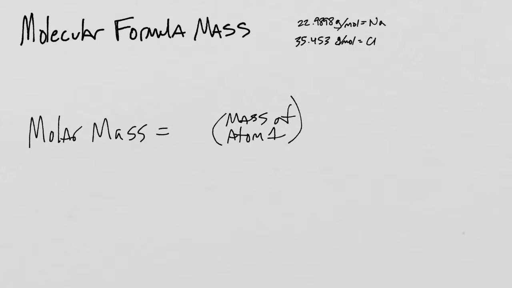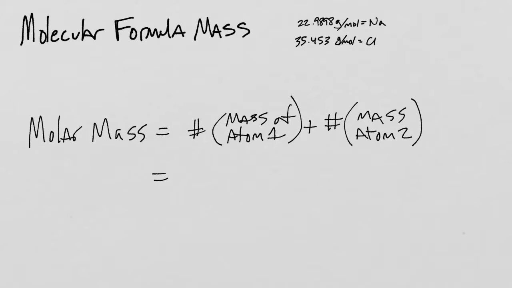And then we have some number that we're going to multiply by that, because there might be more than one of that particular atom. And we'll just add that to the mass of atom number 2. And in our case, for sodium chloride, there's only 2 atoms. And then again, there'd be a number here if there was more than one atom. So we can fill in these values now.